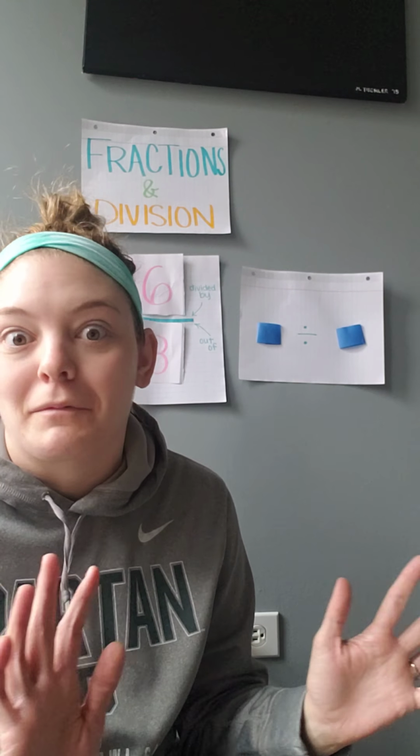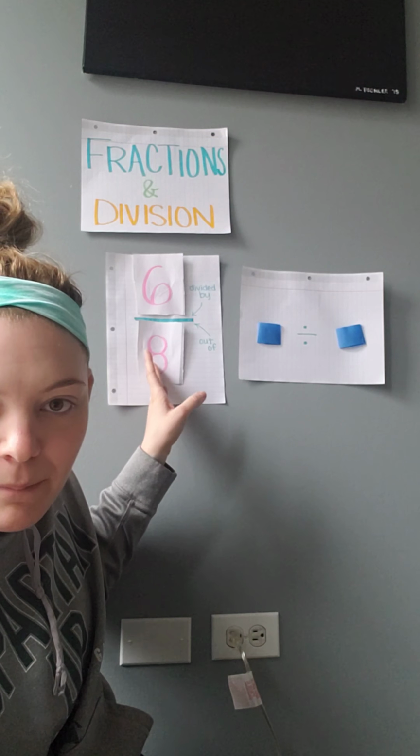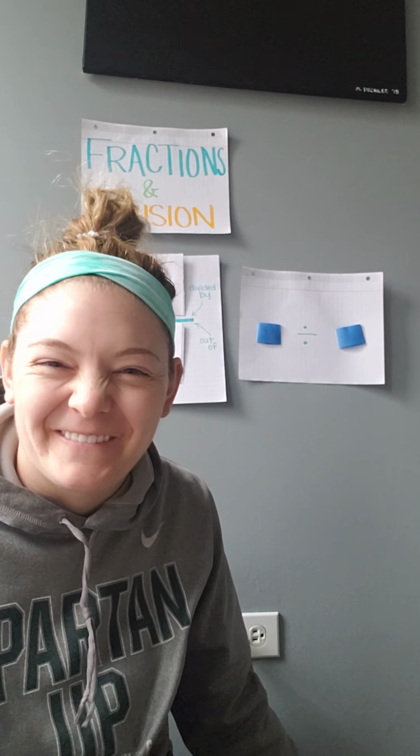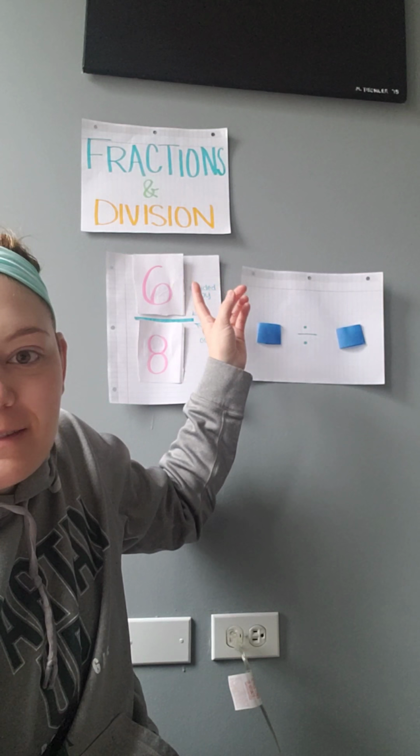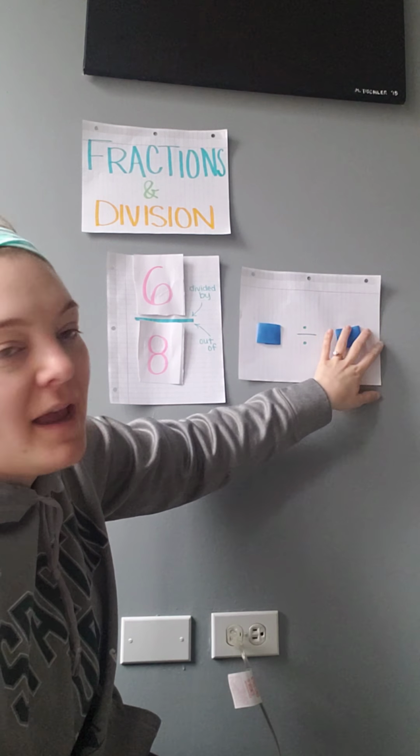What you got to think about is, am I able to cut up a breakfast bar? Yes. I am not able to break apart a student, right? No. So the students, the people go on the bottom. Whatever we're sharing goes on the top. Okay, so then that ends up being 6 divided by 8.